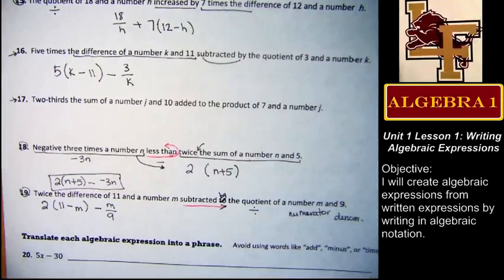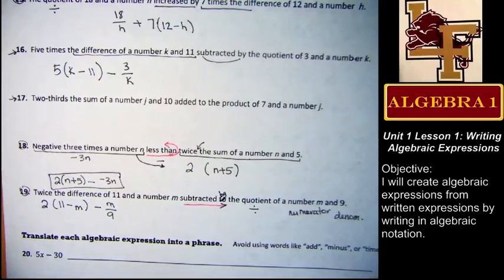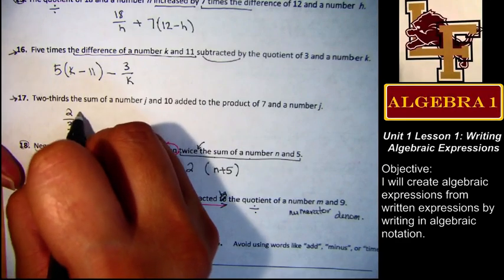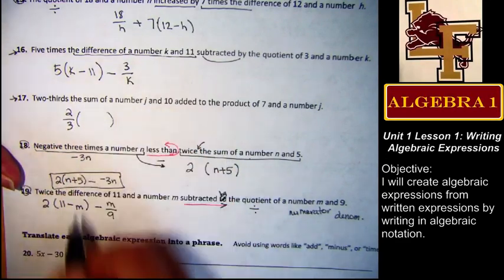Okay, we're going to look at 17. 2/3 the sum. There's no operation between 2/3 and this group that I'm adding together. So when there's no operation, I assume that it is multiplication. So I'm going to go straight into a grouping symbol after writing the 2/3.